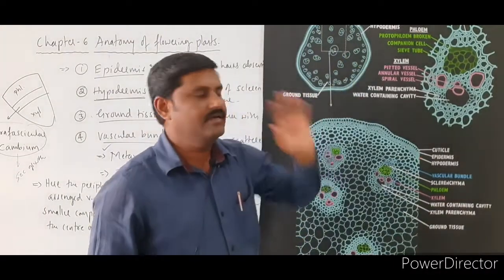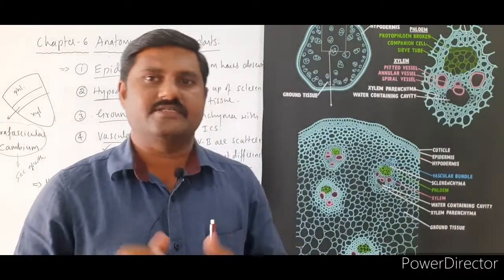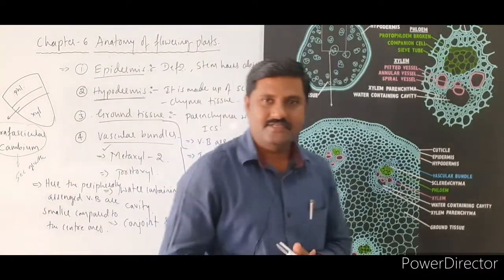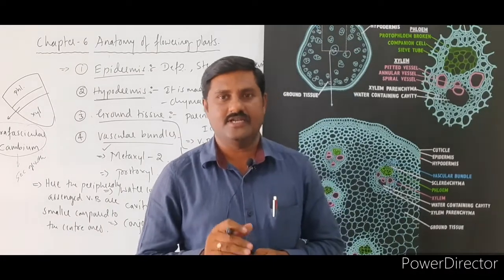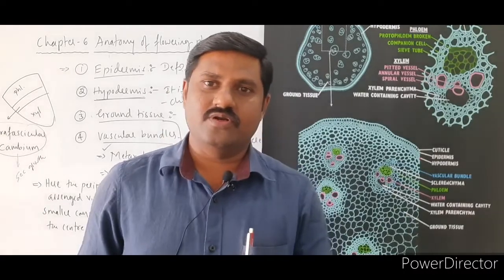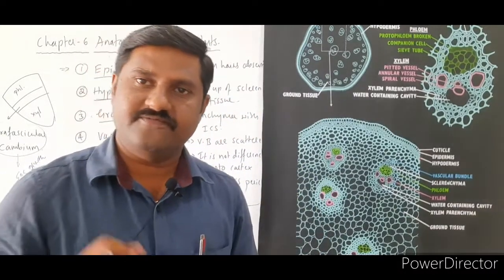Okay, and one more point. What is that? Xylem consisting of what? Xylem consisting of xylem parenchyma, xylem vessels, right? As well as one more part of this xylem, xylem fibers.